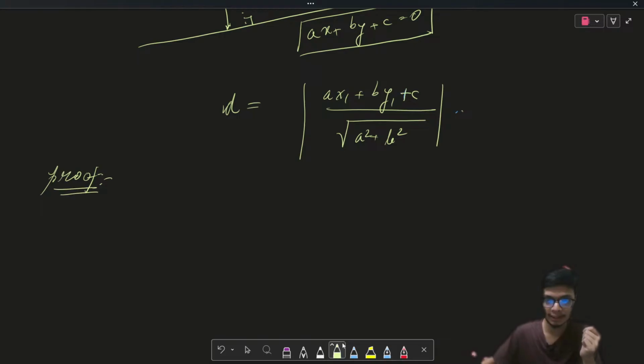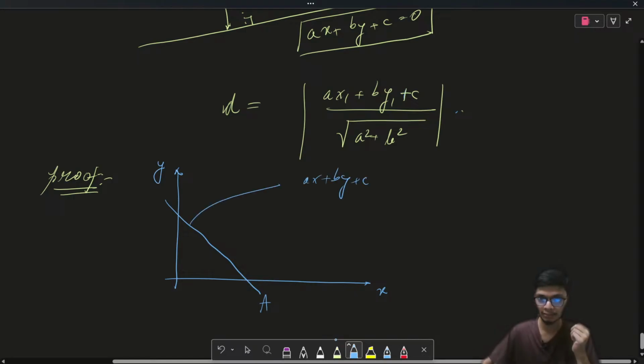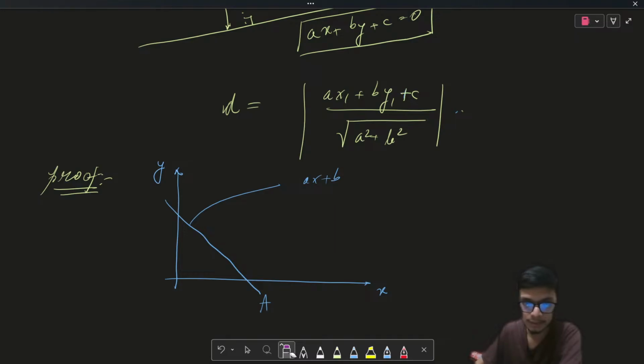Let us say this is my coordinate axis, this is my x and this is my y axis, and let us draw a line like this. The line equation is ax plus by plus c equals 0.